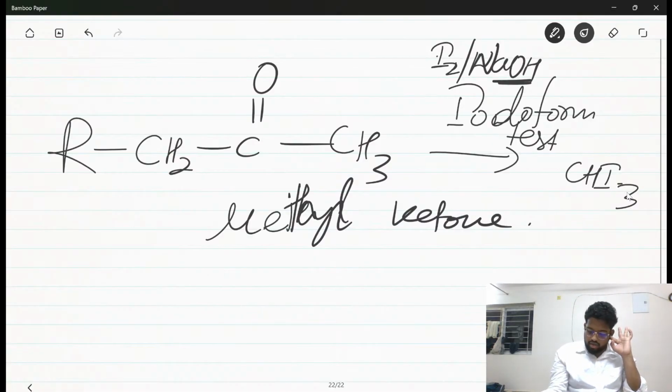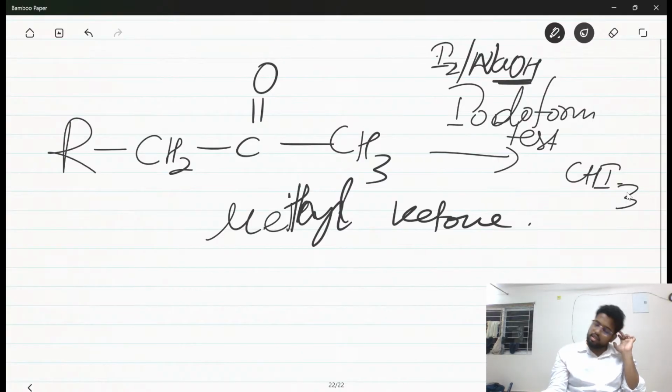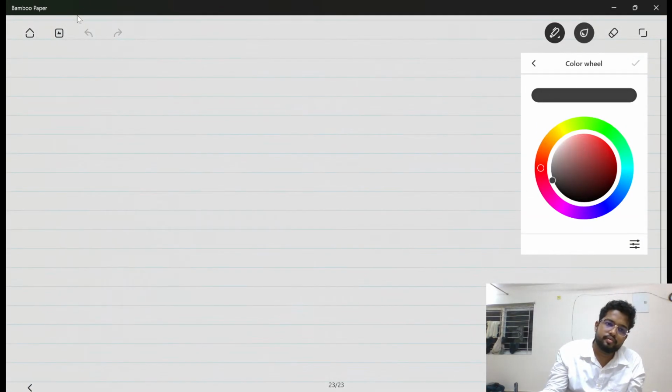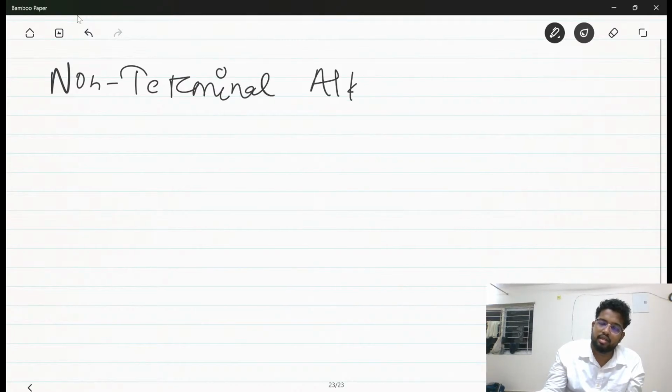Now if I solve for a non-terminal alkyne, in that non-terminal alkyne also the reaction can proceed. Obviously we'll get a ketone definitely, not an aldehyde. So let's see the reaction of a non-terminal alkyne.